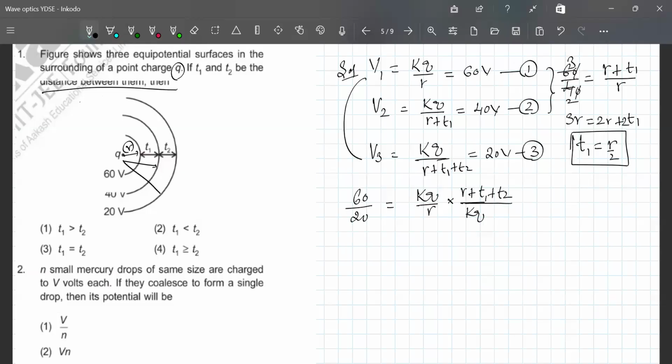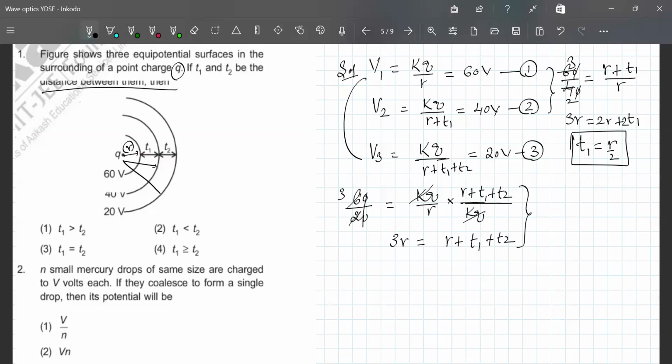And KQ gets cancelled, becomes 3r equals r plus t1 plus t2.